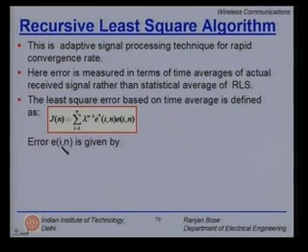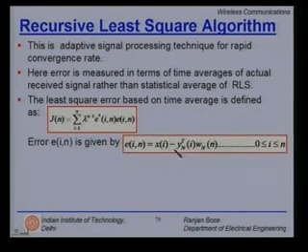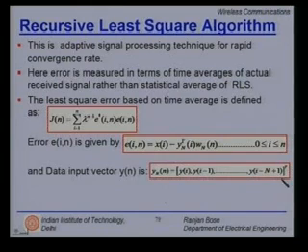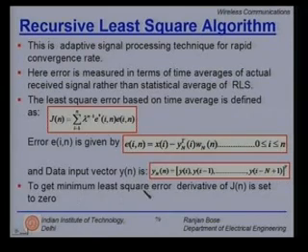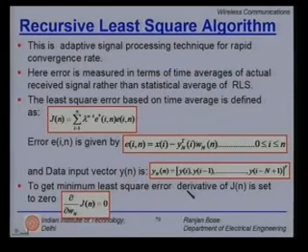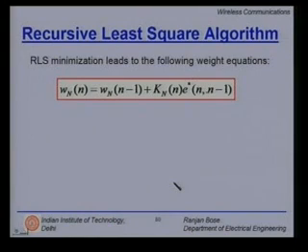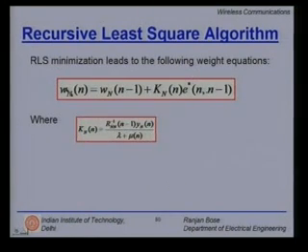The error is given by the following equation: x_i minus the delayed version vector and the weight vector, and the data input vector is defined as follows. To get the minimum least square error, the derivative of J_n is set to 0. And here in this slide, RLS minimization leads to the following weight equation.